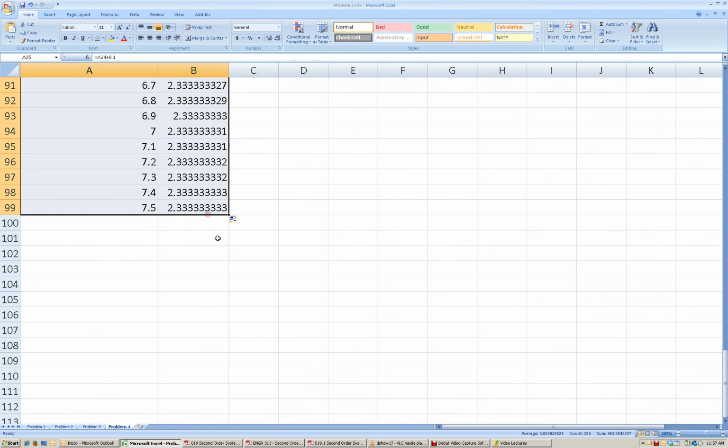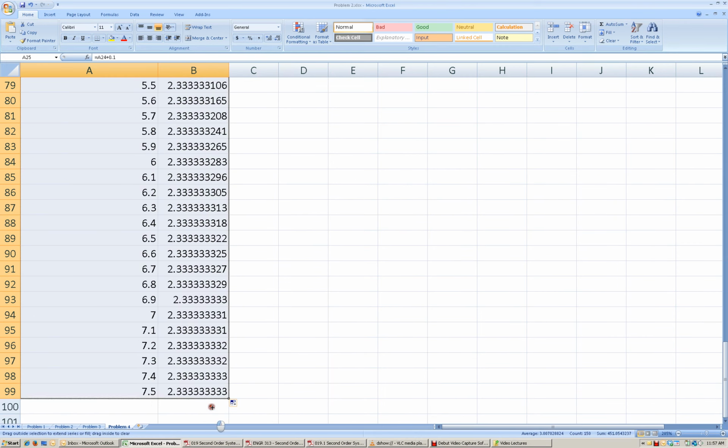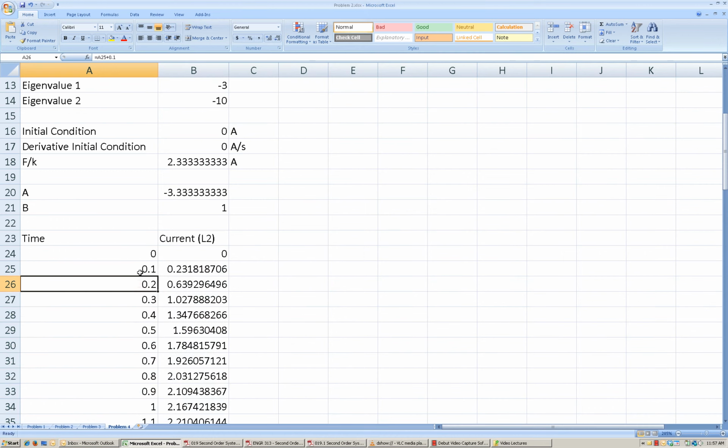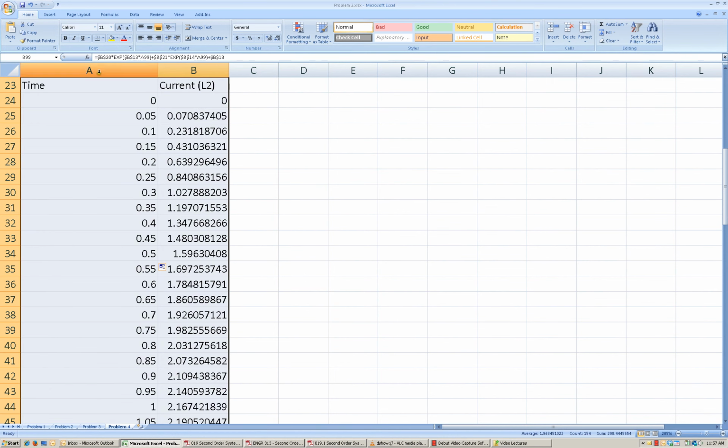It looks like we should do a little bit finer resolution on our steps here, so let me go 0.05, and plot the results.